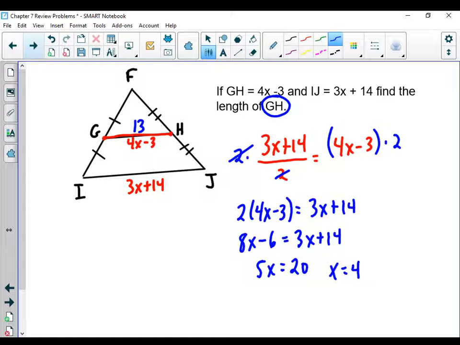And it might not be a bad idea to double check. Well, if I plug 4 in for x down here, 4 times 3 is 12, plus 14 is 26, and we got the result we wanted. We got the fact that 13, or GH, was half as long as 26. So answering this question, the length of GH is equal to 13.